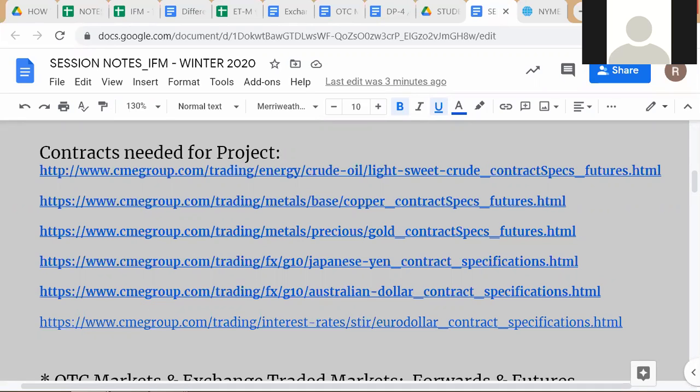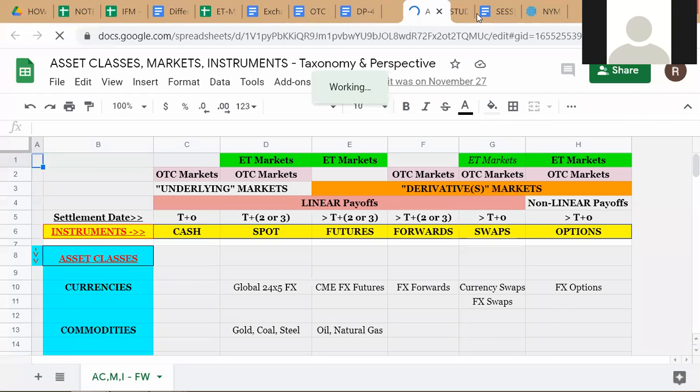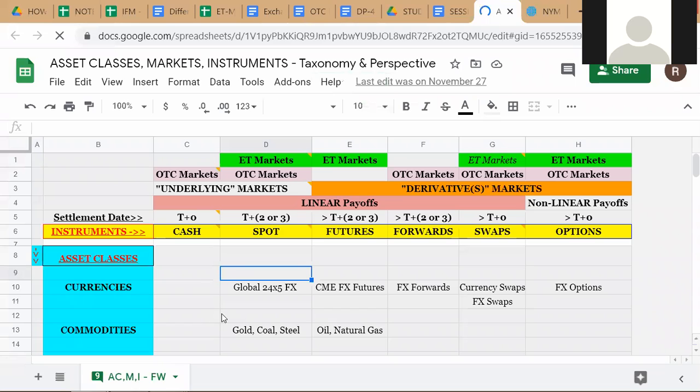This was discussed with you earlier. I think it's already there in your introductory notes. So this is how we like to look at global markets, the right way to look at global markets. You have all the instruments, okay? You have all the asset classes, and then at each intersection of an asset class and instrument is where you have all the markets, right?